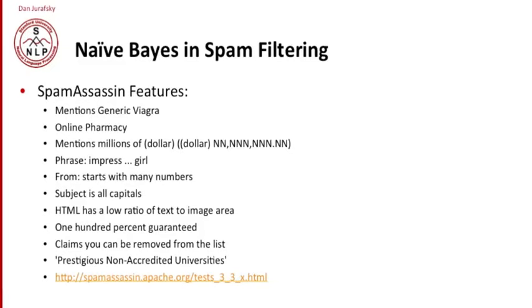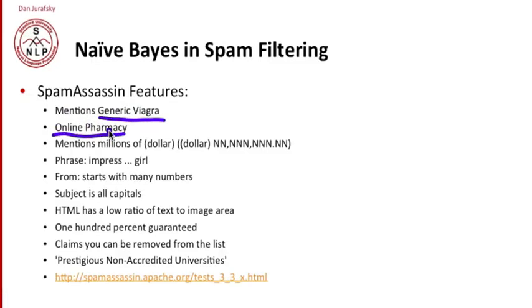Now we've talked about naive Bayes where we're using each word as a feature and we're using all of the words. But in lots of examples of naive Bayes, we're going to use richer features than just words, and we're going to use specific kinds of words and other things. So SpamAssassin is a naive Bayes classifier for spam detection, and it looks for things like, is the phrase generic Viagra mentioned?